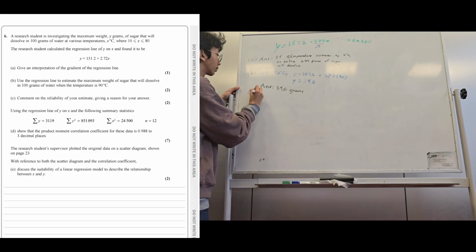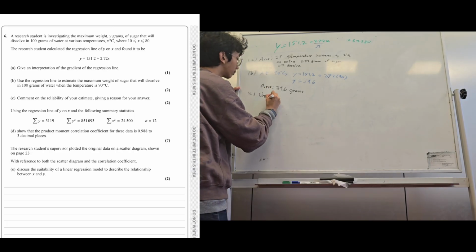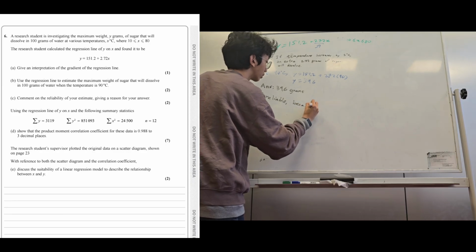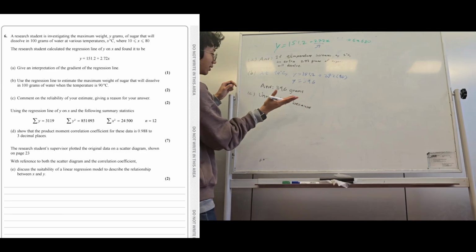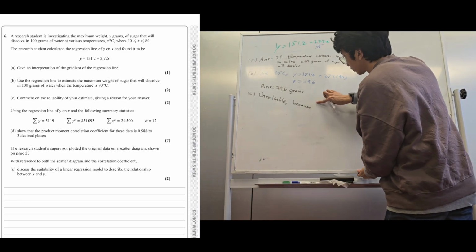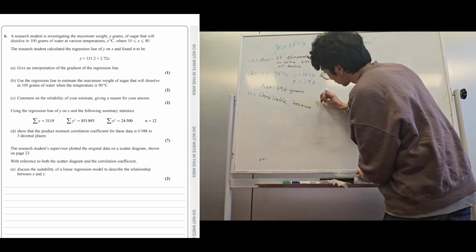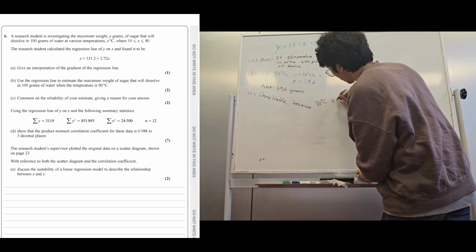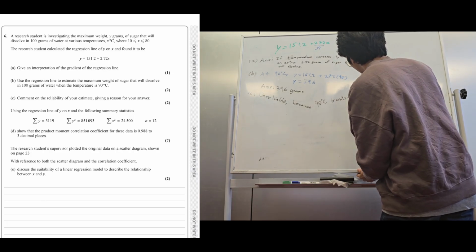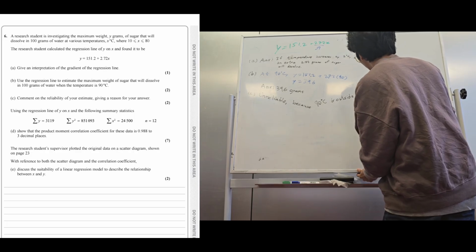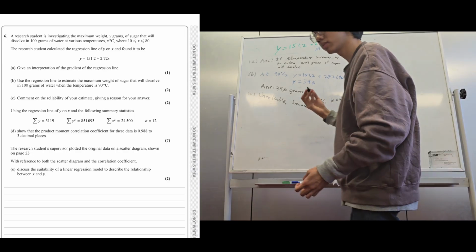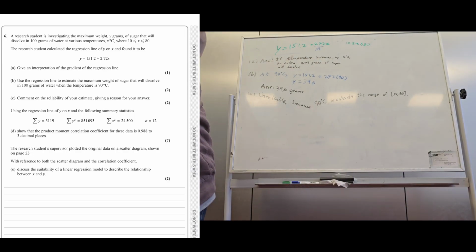So number C: unreliable, because 90 degrees is outside the range of 1080. There you go. Great.